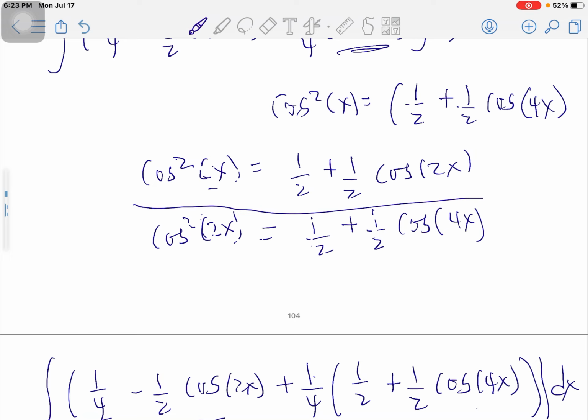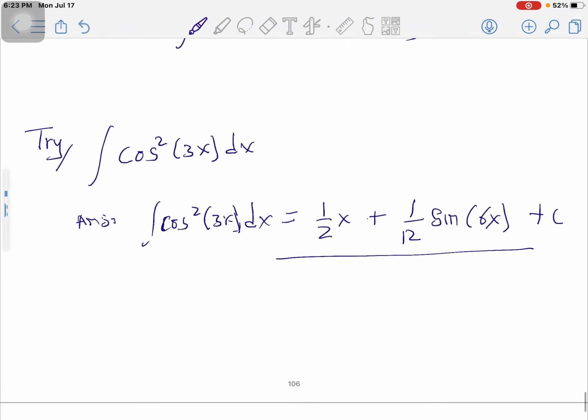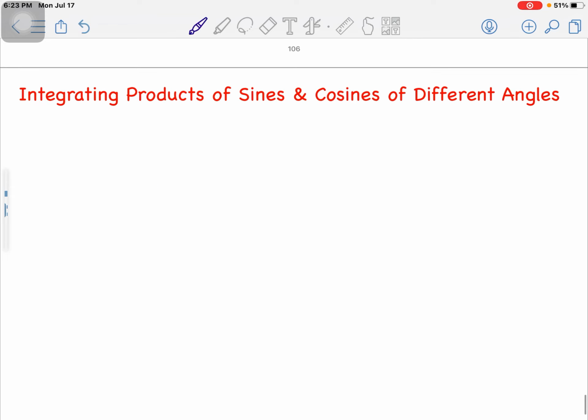And therefore, if you are given cos square of 2x, after simplifying the expression up to this point, you just multiply the expression in the cos function by the 2 over here. The same thing applies to the trial question that I've given to you today. If you finish expressing it, just multiply the expression in the cos function or the sine function by 3, and then you will be good to go.